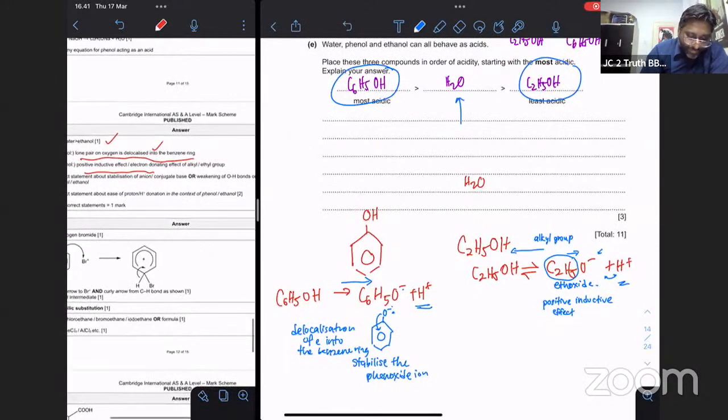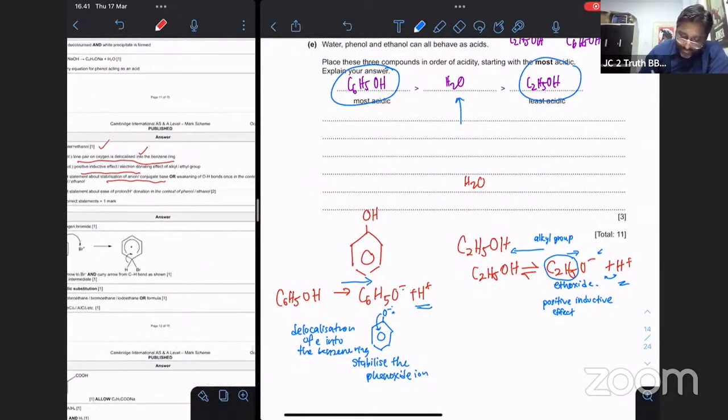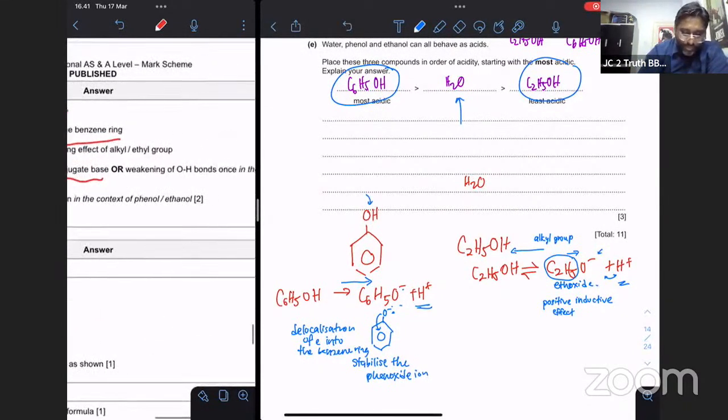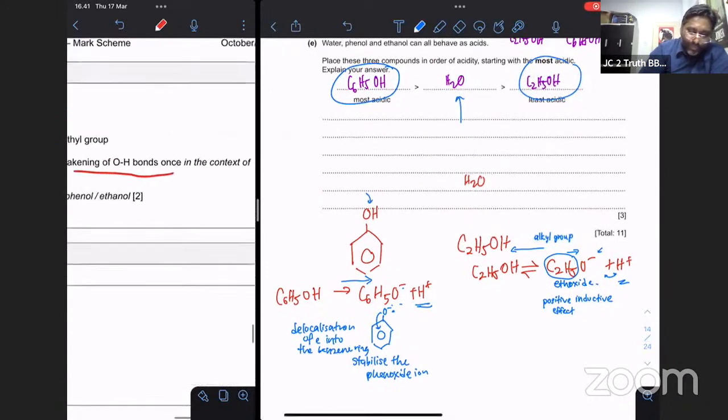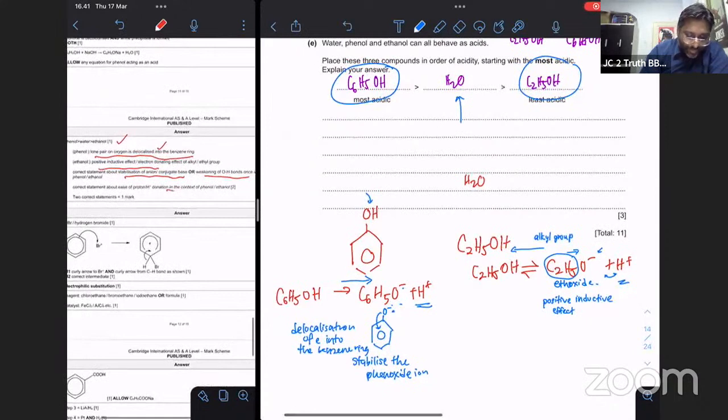Then you say the phenoxide ion is more stable, so it will weaken the bond between O and H, so more H⁺ is given. You can say bond weakening, and that it is easier to donate the H⁺. That is already more than the 3 points required for you to get the 3 marks. So let's move on.